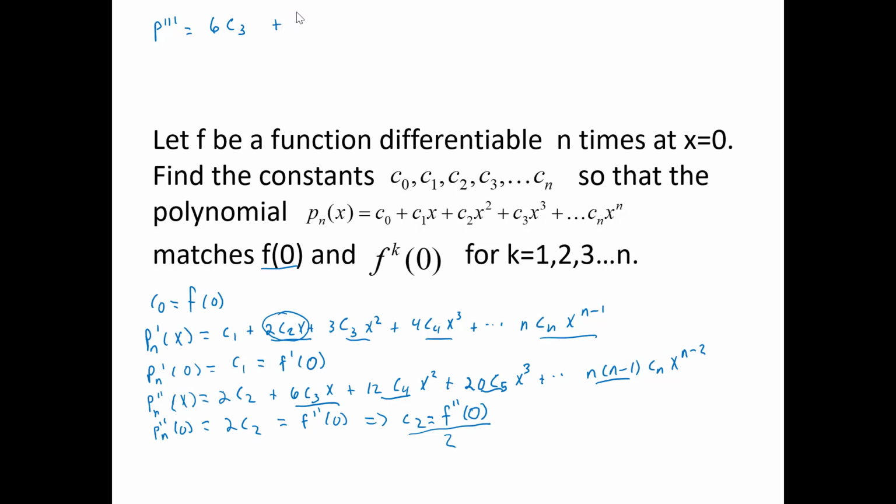And for the next one, you will bring down the 2, 24, and then C4, and then you'll take one away from the x. And so you just get x. For the next one, you'll bring down the 3, and so you will have 60, you'll have the x squared, take 1 away from the exponent, plus dot dot dot.